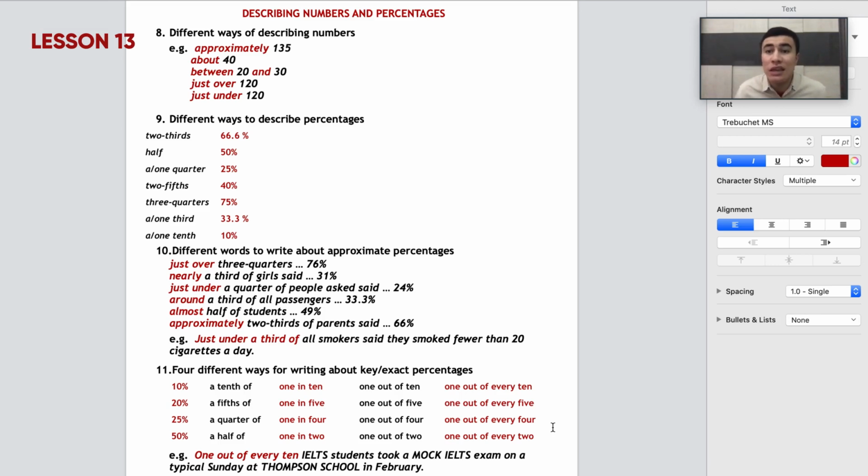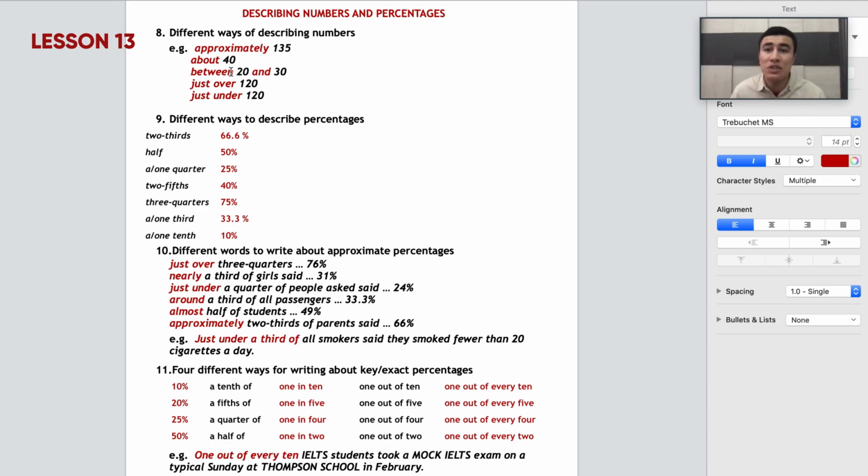The same thing is with about. So about 40, it can be 38, it can be 42. And of course, when you're using approximately 135 in your sentence, you can refer to numbers slightly less than this, as well as higher numbers, 136, 137.